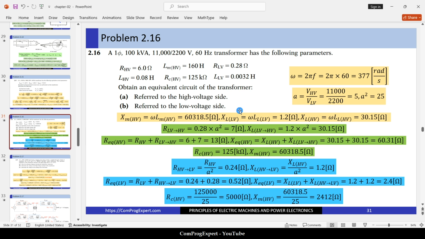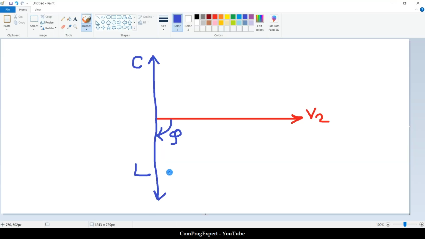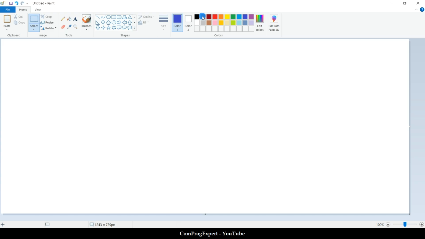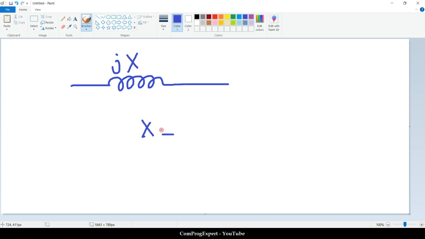Okay, so the first step is calculation of reactances. Here we have the value of the inductance for the magnetizing inductance and leakage inductances. How can we calculate reactances? You know that the value of the reactance for an inductor X is equal to omega L. Omega is 2 times pi times f.